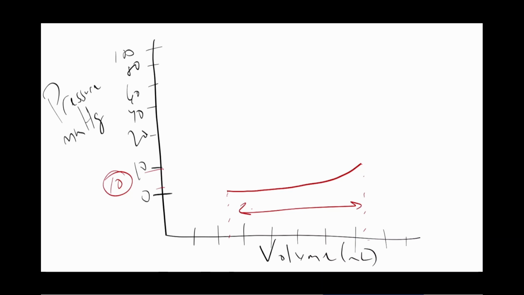If we were going to make compliance worse, this line shifts up here. Now look at our starting pressure. 10 to 20, we were at 0 to 10. Pressure has gone up for the same amount of volume. So in this case, compliance decreases.